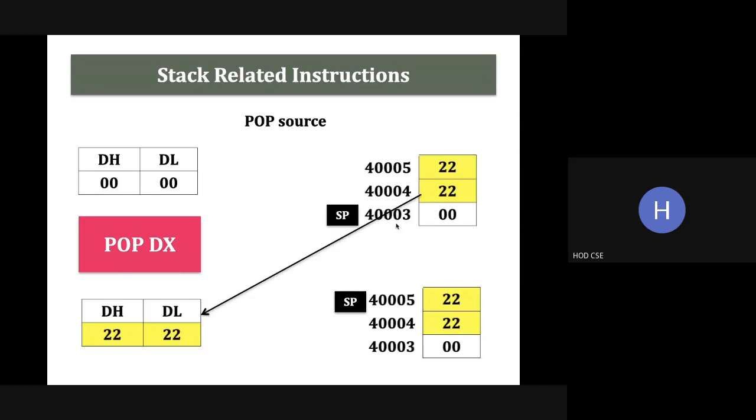So the top of the stack is here at 40,003, and the SP will be incremented. Okay. So it becomes 40,004 and 40,005. Data from these two locations will be transferred to the DH and DL registers. So after popping the data, the stack pointer will point to 40,005. Okay. So these are the two main instructions for stack related operations, push and pop, as we all know.